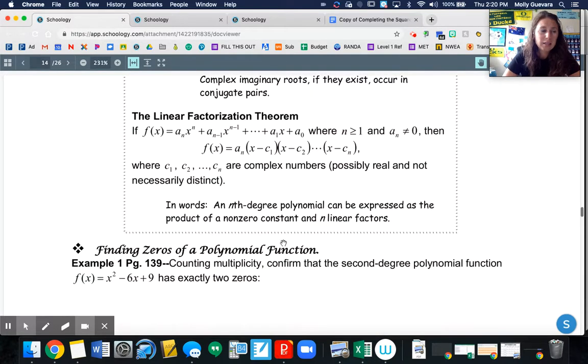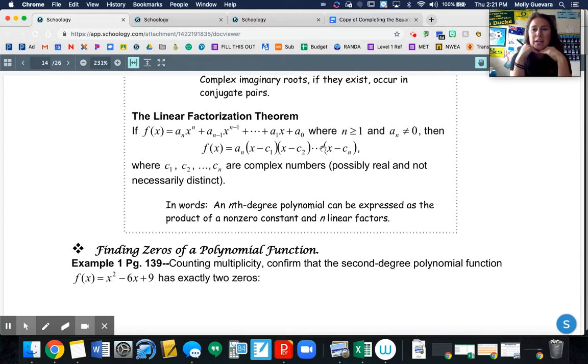If we look at the linear factorization theorem, don't worry about it too much, but all it says is if I have a polynomial with degree n, as long as that degree is greater than or equal to 1, then I can split this into factors called linear factors.